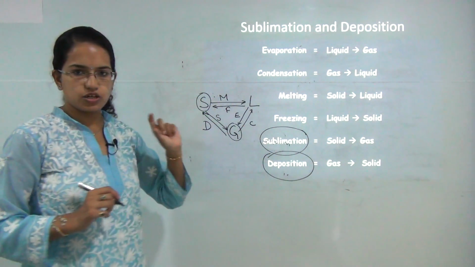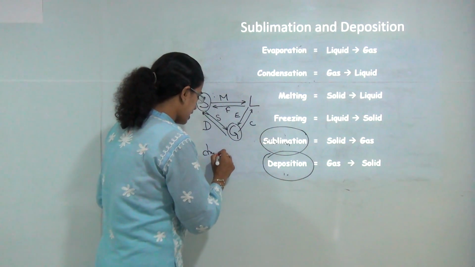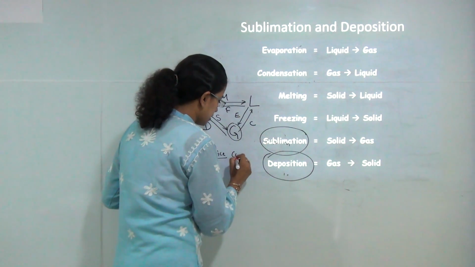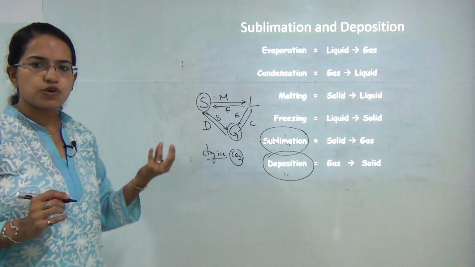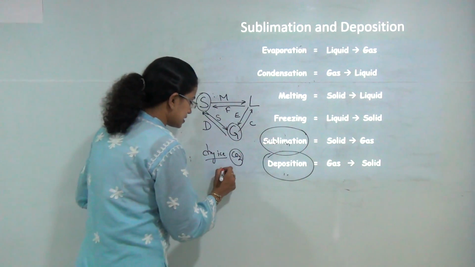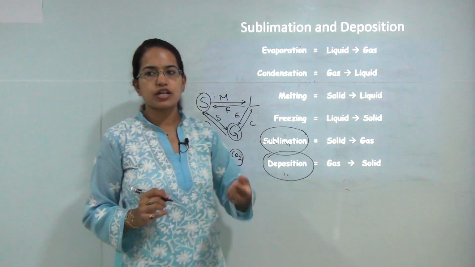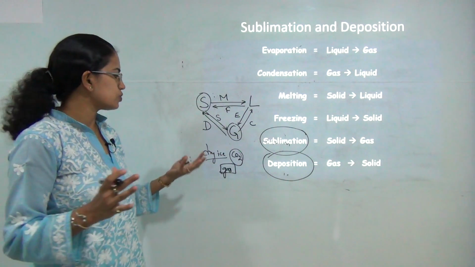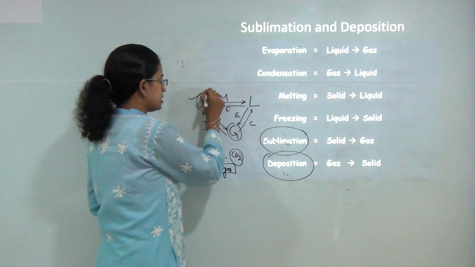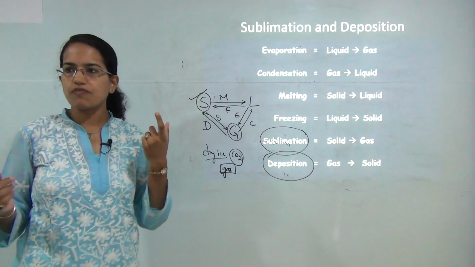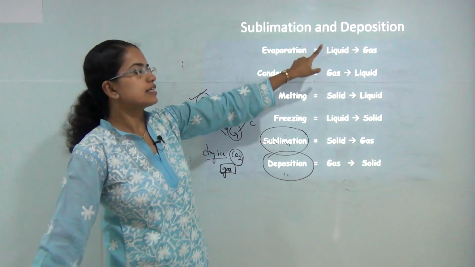We would be focusing on these two, because in case of dry ice, I can say dry carbon dioxide, it directly changes from solid state to gaseous state and evaporates, and you have cases where water vapor finally condenses into a solid form. So you have the formation of ice crystals that takes place. So that is sublimation and deposition.